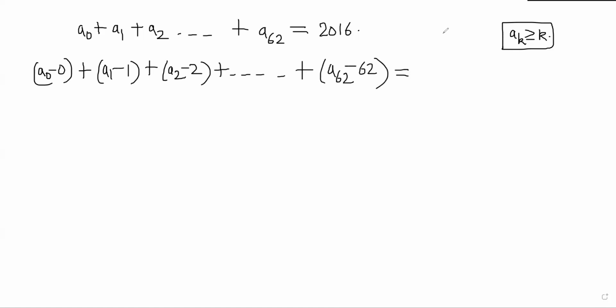On the other side, we have 2016 minus 1 plus 2 plus 3 till 62, so this side you will get 63 finally.